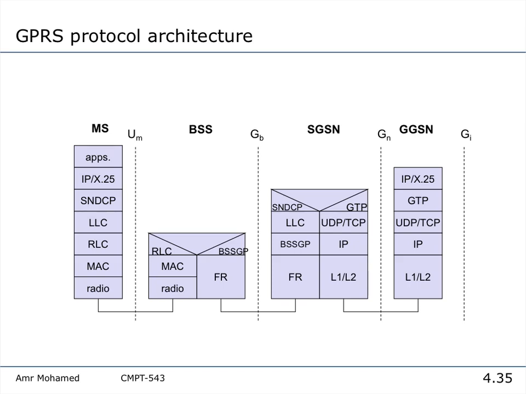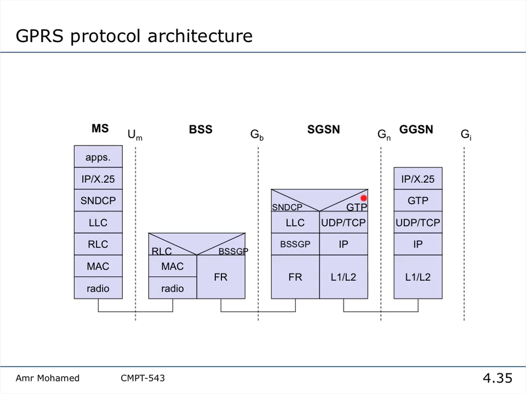So regardless of whether the mobile station has a bad channel or a good channel or something like this. This type of protocol tries to provide consistent behavior in terms of flow control and error control from the transport level end to end, such that it provides the same behavior regardless of the channel state of the mobile station.